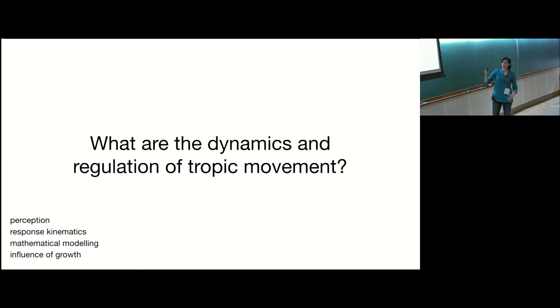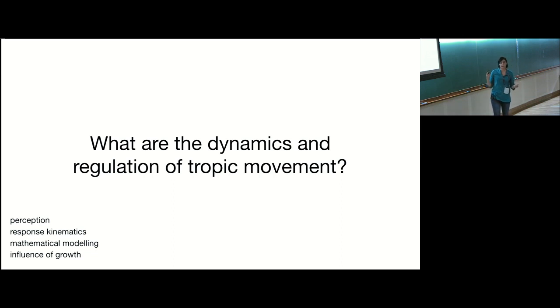So I'll start with understanding, first of all, maybe some biological perspective of perception. We're going to talk only about gravitropism here, just to keep our talk focused. So I'll explain a bit about the biological aspect of the sensing and the signal transduction on a very basic level. Then I'll describe a bit the response kinematics, so you can get a feeling of what we're dealing with.